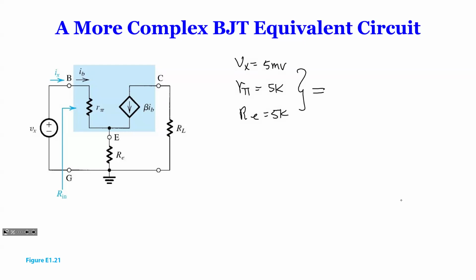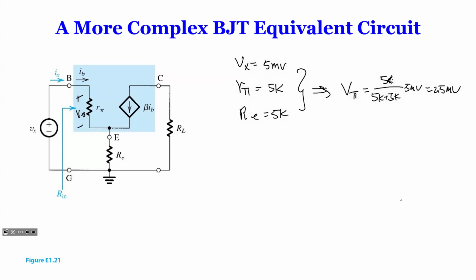So then one student was saying, on the circuit, we have V pi. He said V pi will be equal to that 5K divided by 5K plus 5K times 5 millivolts, equal to 2.5 millivolts.